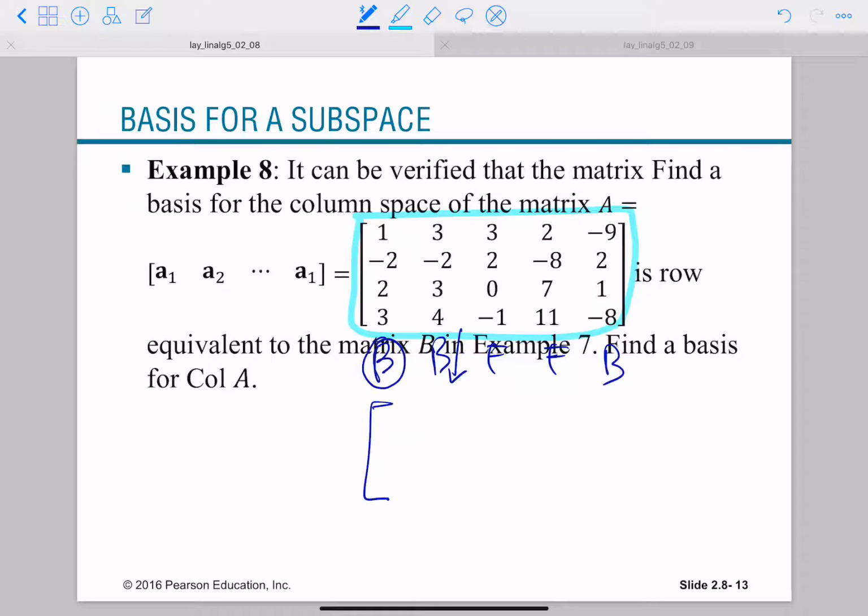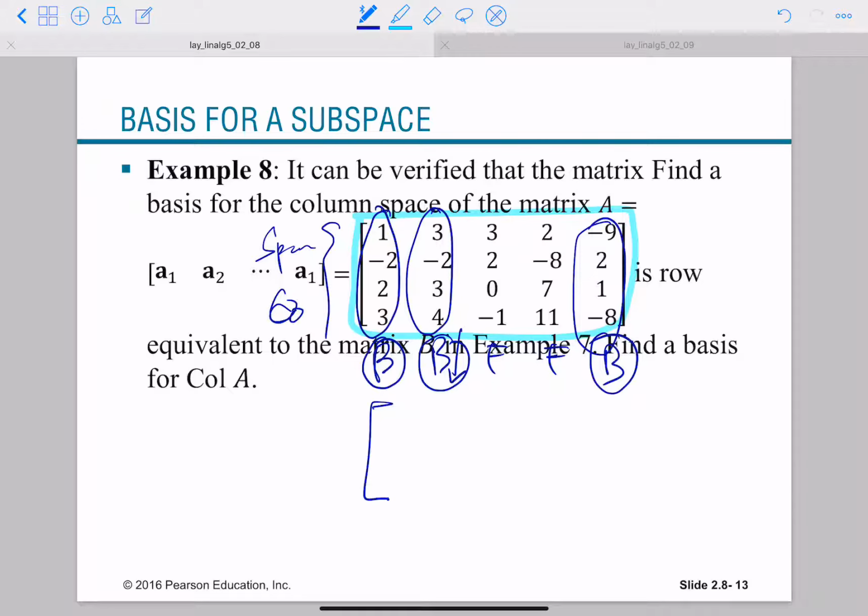Once we identify which columns are basic variables, in order to obtain the basis of the column space, we have to bring those columns from the original matrix, right? So it is obvious, right? Again, the column space will be the span of the 5 different columns, by definition.